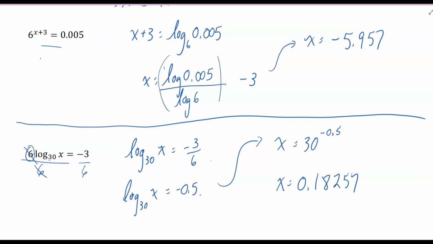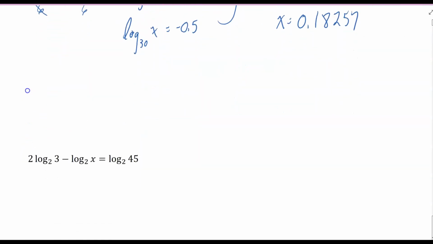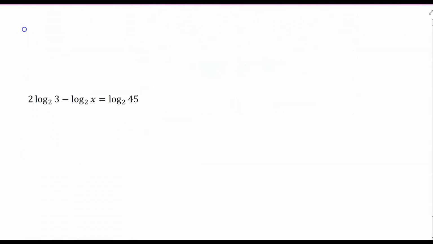If not, leave it as a fraction. And changing to exponential form, then to isolate the argument. There is one last one for you to try here. Pause the video and give that a try.